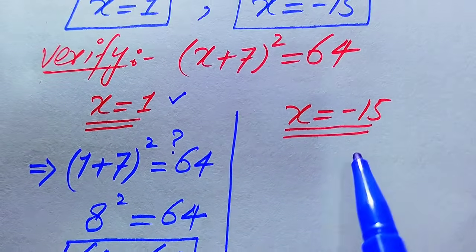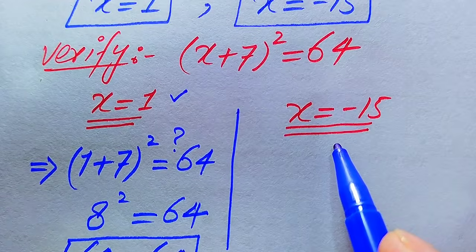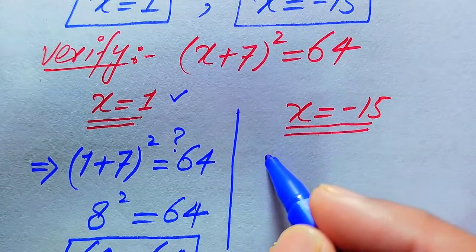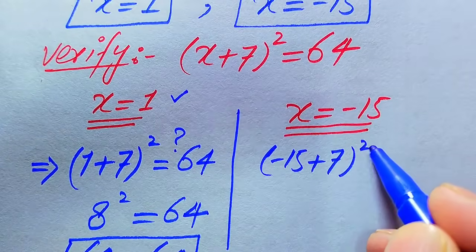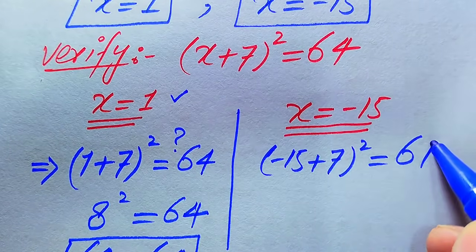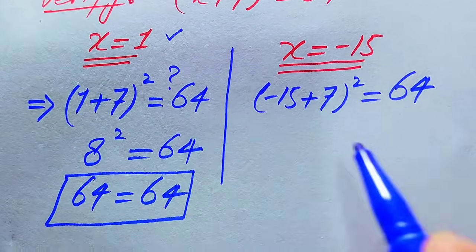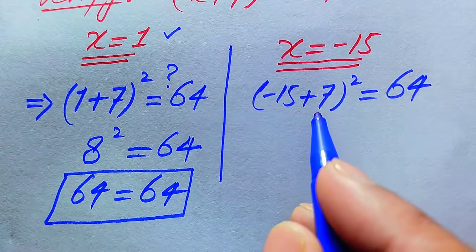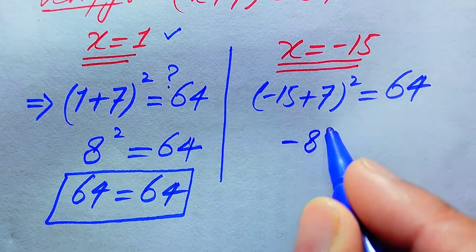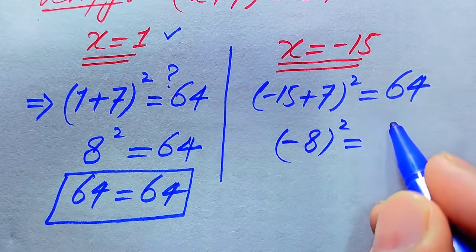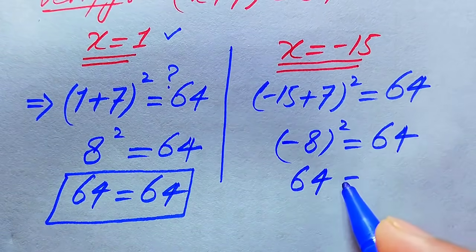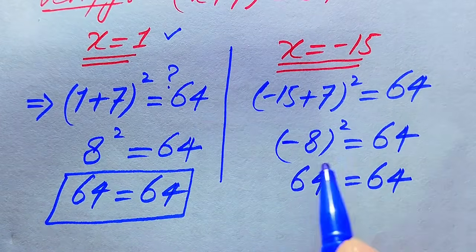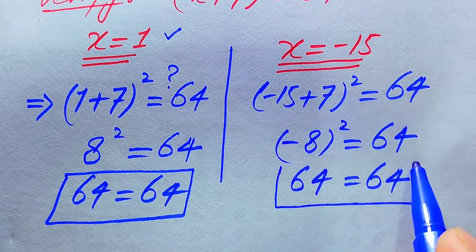And now we move towards our second value of x, and here we put this value into the left hand side, and it will be written as (-15 + 7)² = 64. So -15 plus 7 becomes -8 squared equals 64, and here again you clearly see that 64 equals 64 because (-8)² becomes plus 64.